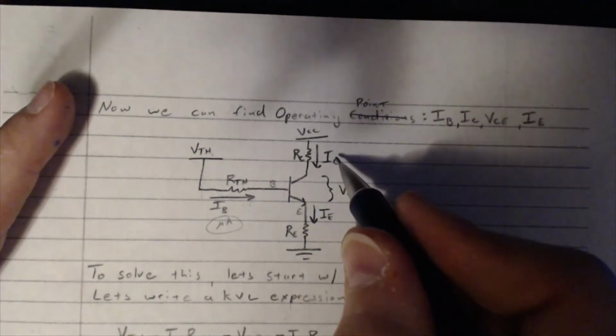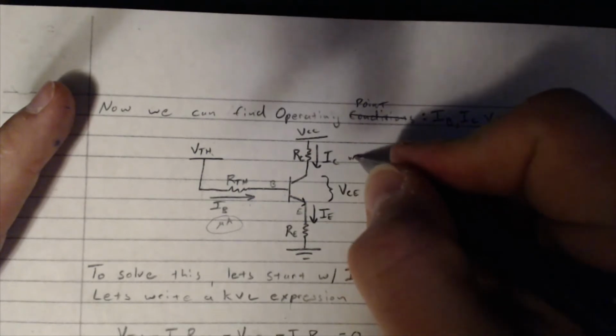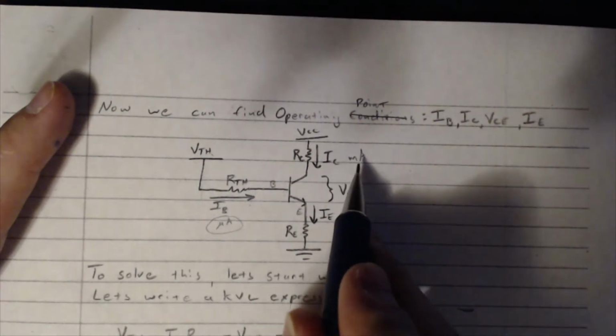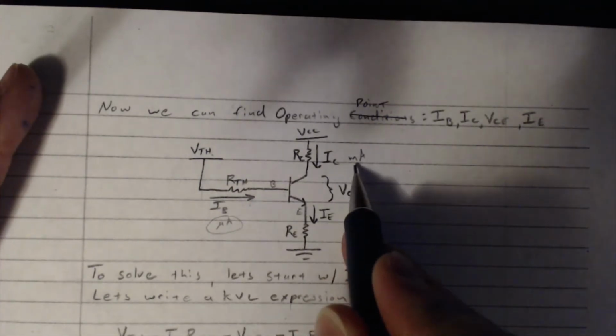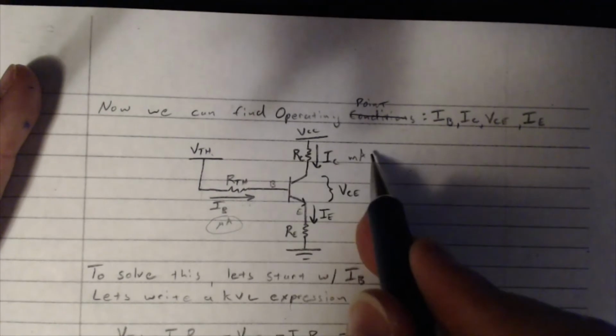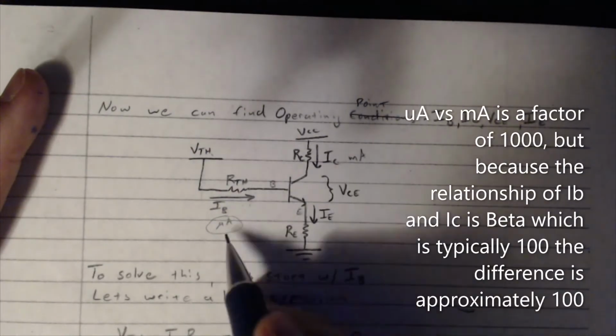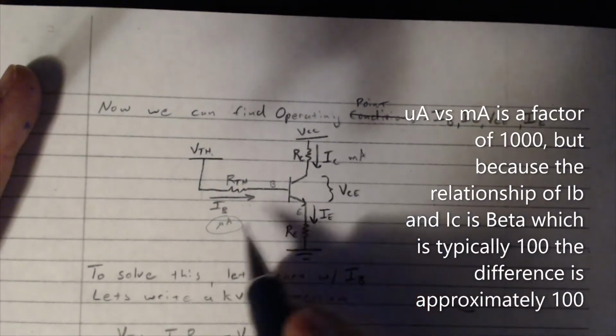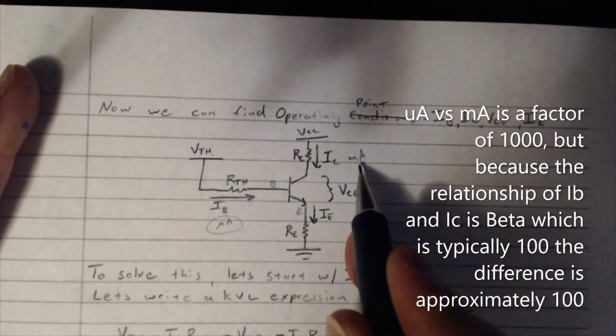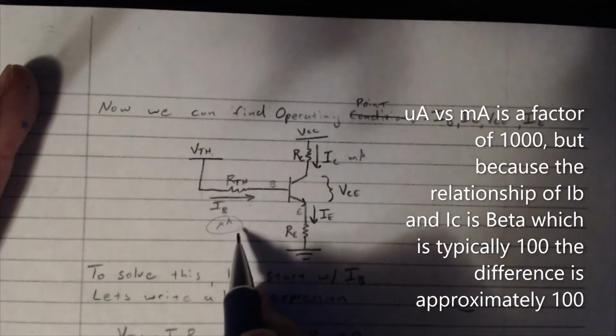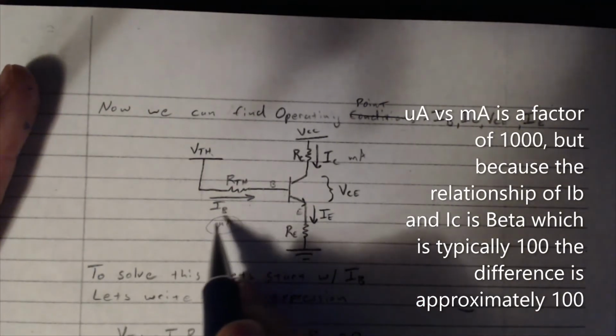IC, on the other hand, is in terms of milliamps. Okay, it's off by a factor of 100. That's a big difference between these two. So what I'm saying is that we can consider this to be negligible.